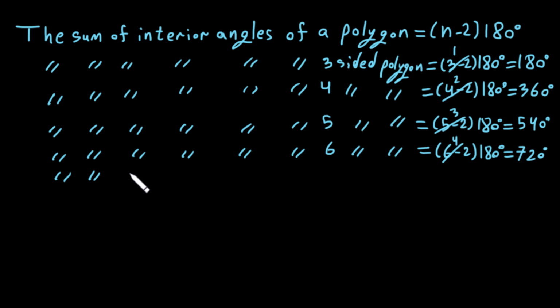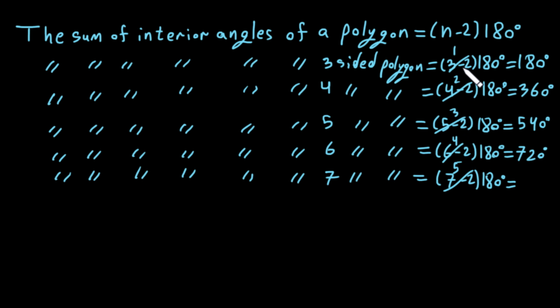The sum of interior angles of a seven-sided polygon equals, we substitute 7, so (7 minus 2) multiplied by 180 degrees. 7 minus 2 is 5. 5 multiplied by 180 degrees. As you can see, we have an increase from 1 to 5: 1, 2, 3, 4, 5.